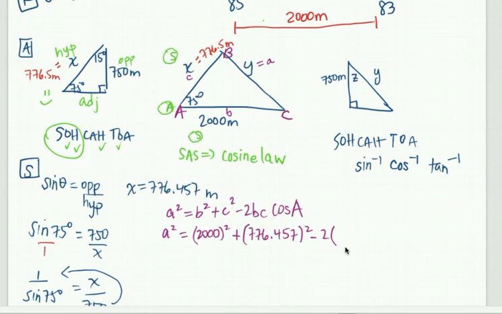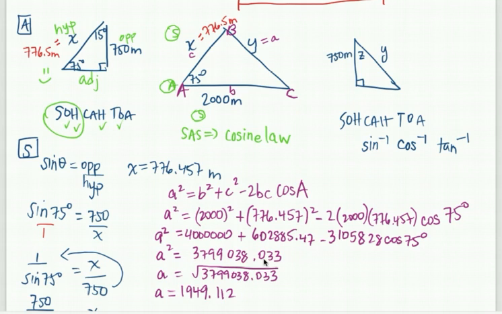All right, add 2 times B, which is 2,000, times C, which is this 776. All right, and then cosine 75 degrees. Okay, so I'm just going to go through and calculate that out and then get to our answer.